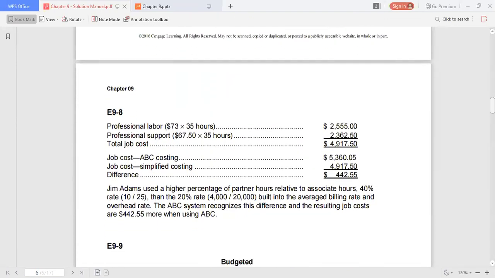Okay, now we go to E9-8, comparisons of simplified costing system with activity-based system. Continuation of E9-6 and E9-7.